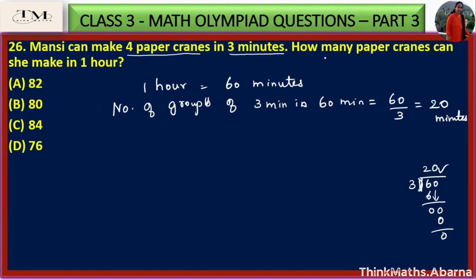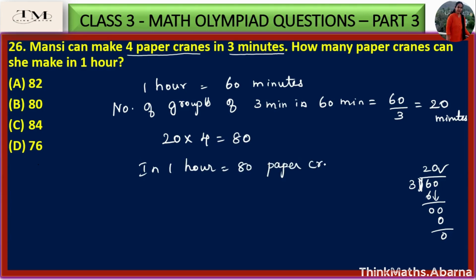Now what is the question? How many paper cranes can she make in 1 hour? So in 1 hour it is 60 minutes. 60 minutes can be grouped into 20 groups of 3 minutes. In each group she makes 4 cranes. So it is 20 into 4, which is equal to 80. So in 1 hour she can make 80 paper cranes.